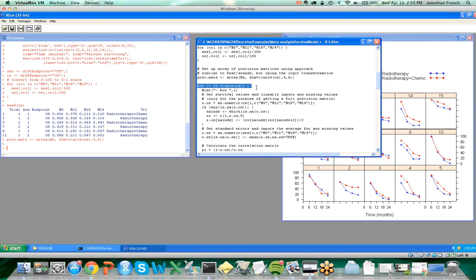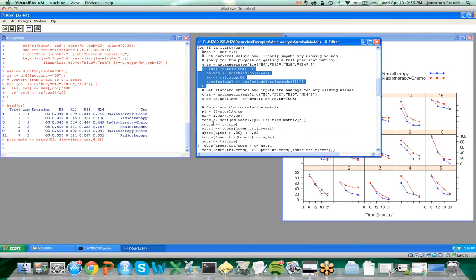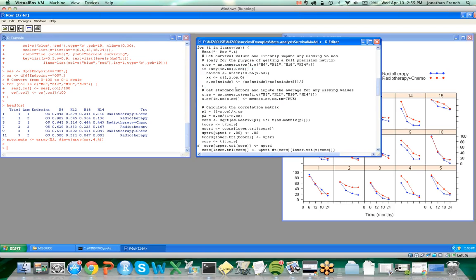What this chunk of code does is, for each row, that is for each treatment arm, extract the survival times for that treatment arm. If any of them are missing, it does a little bit of imputation. That's because it's conceivable that you may not have all studies having the same time points. Like here, study 17 is missing the month 6 and the month 18 time point.